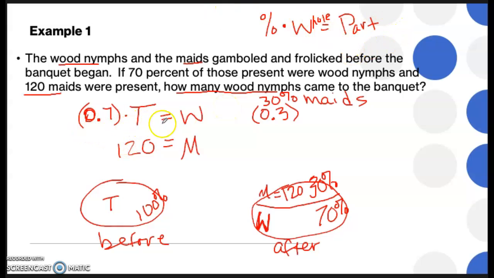I have that equation for wood nymphs. Let's make that same equation for maids. 30% of the whole is the same as 120 maids. So we have 0.3, that's 30%, times the whole.